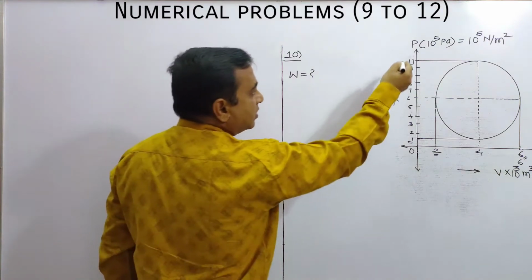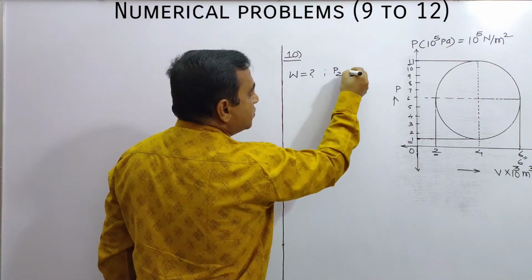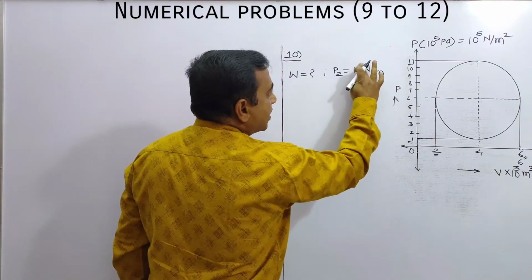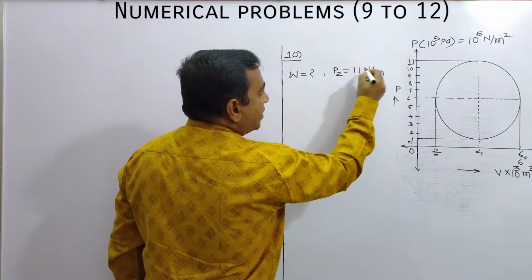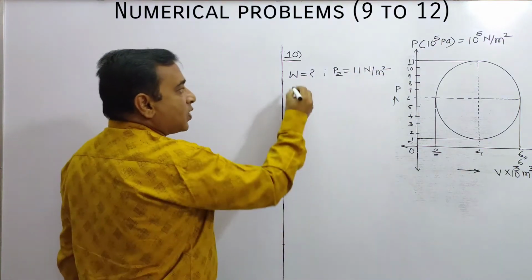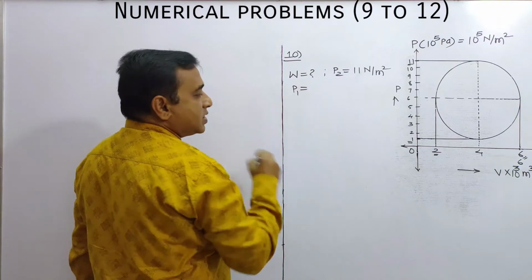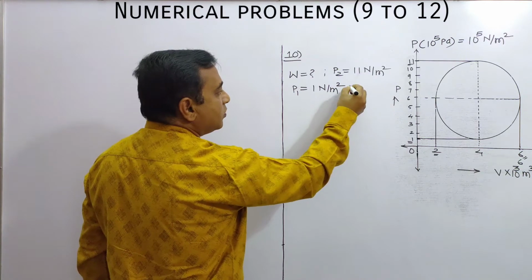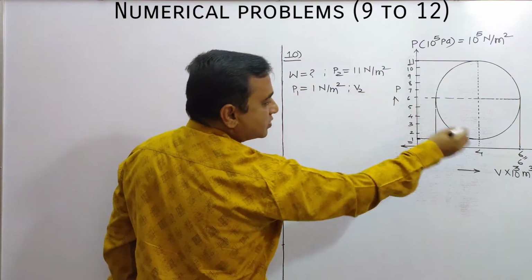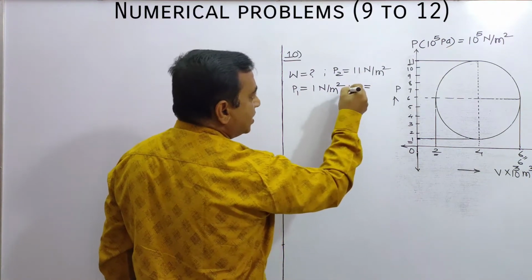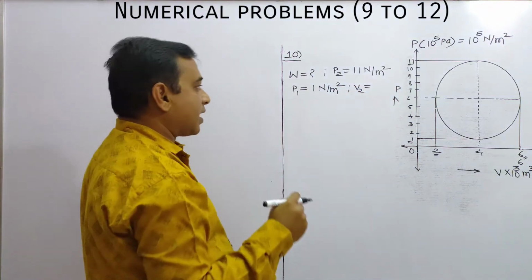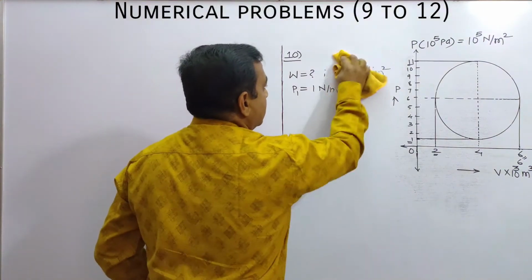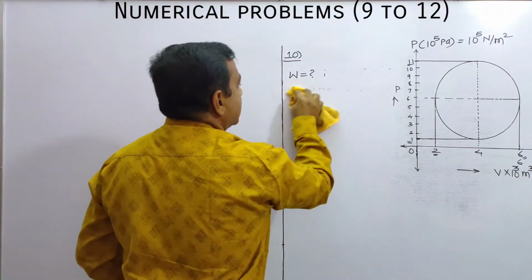The pressure at the top is P2 equal to 11, not 10, multiplied by the common factor 10 raised to power 5.